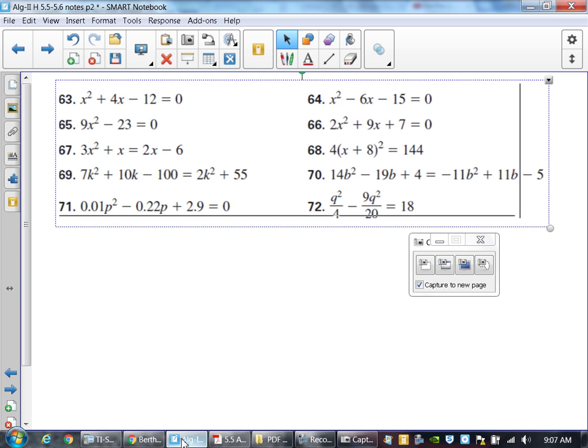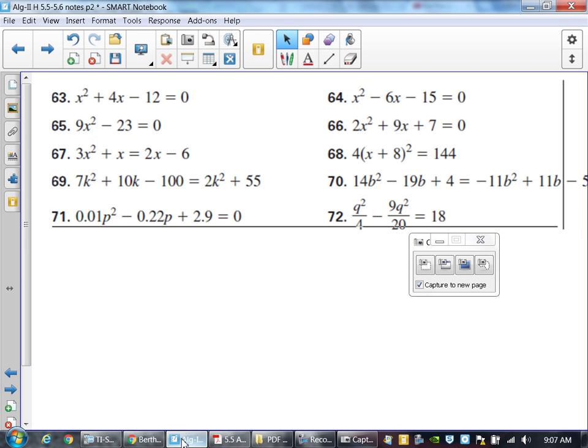Alright, so if I'm looking at this very first one, x squared plus 4x minus 12. First thing I do, what times what is negative 12 and adds together to get 4? 6 and negative 2. So if I can think of that real quick, why not? Because if you go through and complete the square on that one, you just got to be careful.